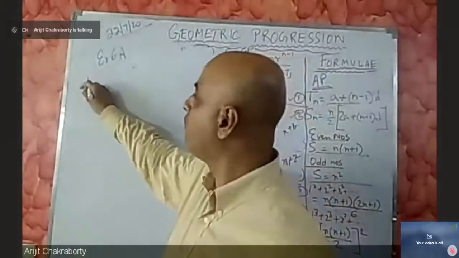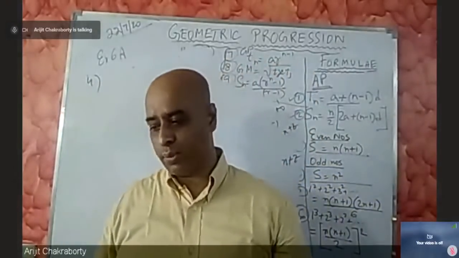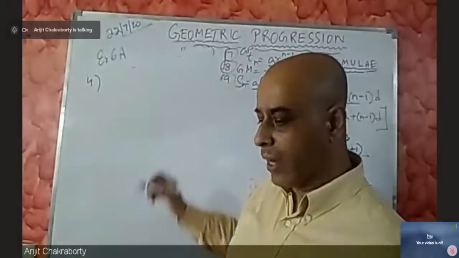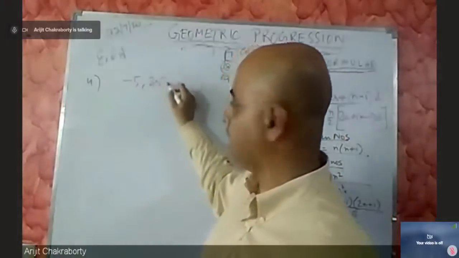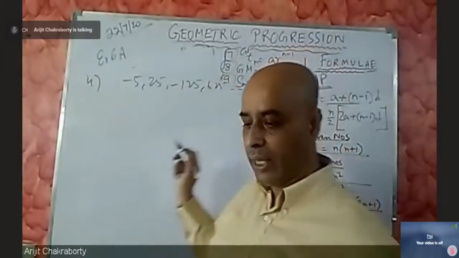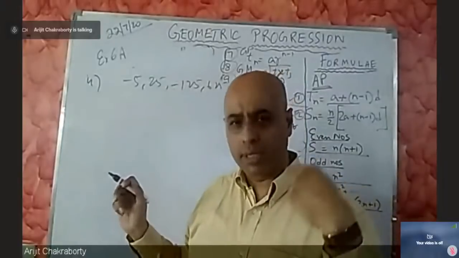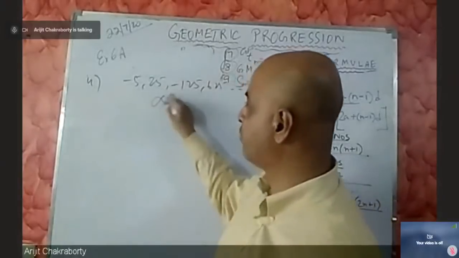6A number 4. Question has come from Diksha Sain and Yuvraj from Agra. There is a question: minus 5, 25, minus 125, 625 till infinity. Right. So, what is the formula? What is the sum? Sum to infinity.